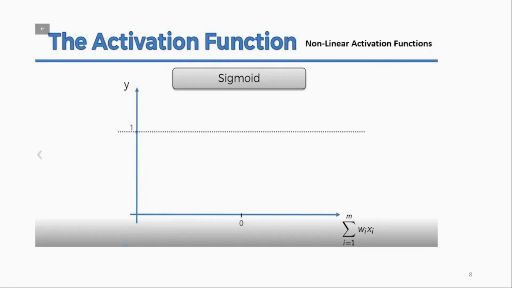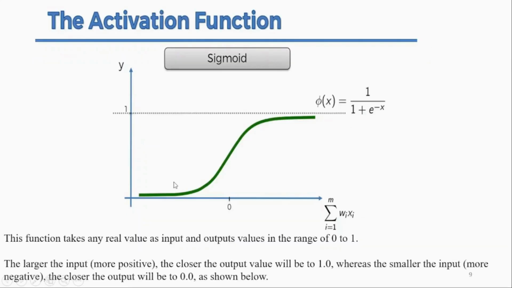One important non-linear activation function is the sigmoid function. Sigmoid functions give us values in a range between 0 and 1. This function takes any real value as input and outputs values in the range of 0 to 1.